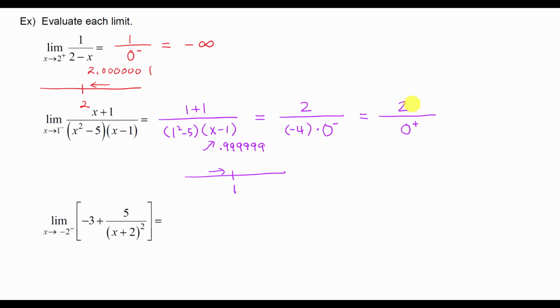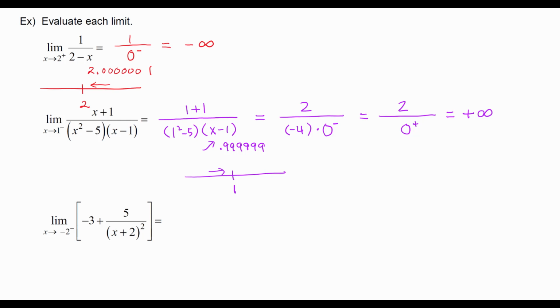So this is what you're going to get. Since it's 2 over a number that is close to 0 but positive, it is going to go to positive infinity.